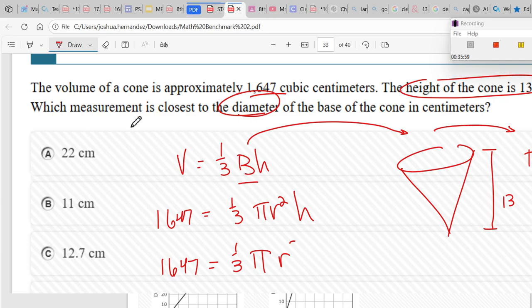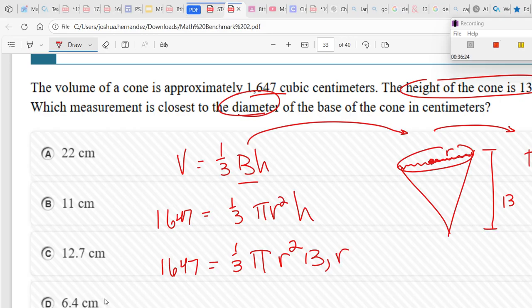We're going to find the radius and then double it to get the diameter. Okay. So the radius is from here to here. We want to find the diameter, which is from here all the way to here. Don't forget that.